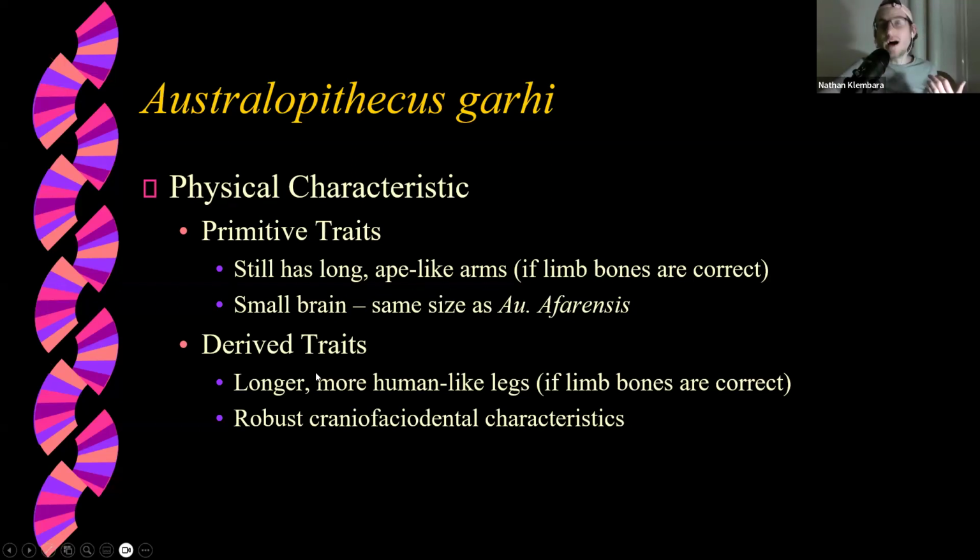One of the big ones is that its leg bones, if the limb bones are associated with the skull, are longer and more human-like than afarensis, which might be why it might be ancestral to Homo. It also has more robust craniofacial and dental features that are more derived than what we were seeing with afarensis.